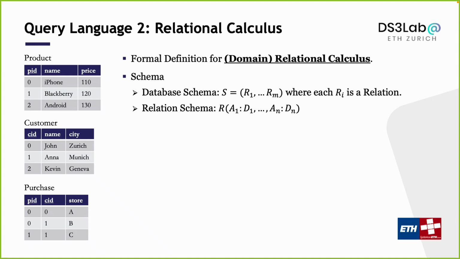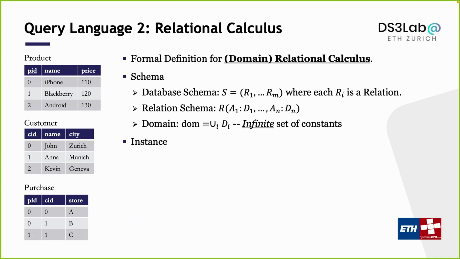Each attribute has a name, Ai, and also has the domain of that attribute. We also need a domain, which contains an infinite set of constants that you could put into your relation instance. It's very important to know the domain is actually infinite. We have an infinite amount of constants.